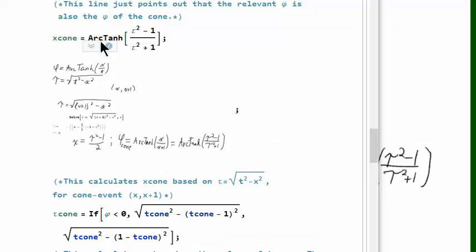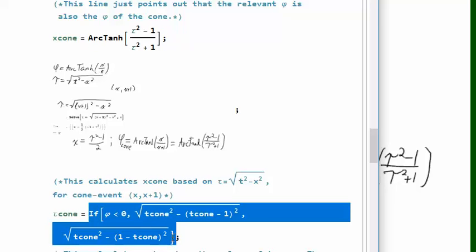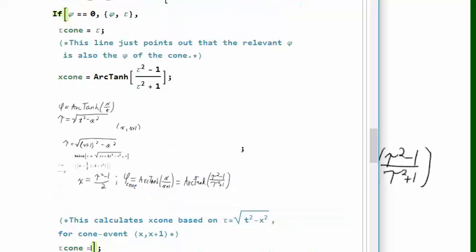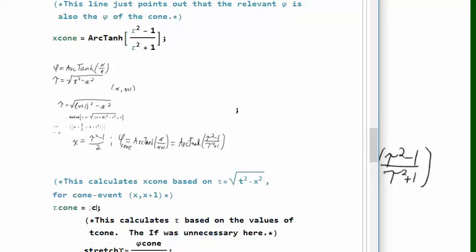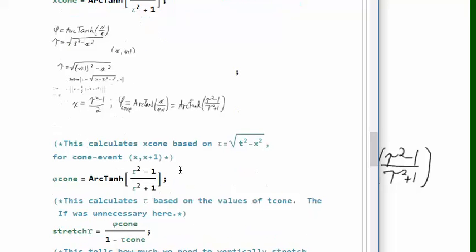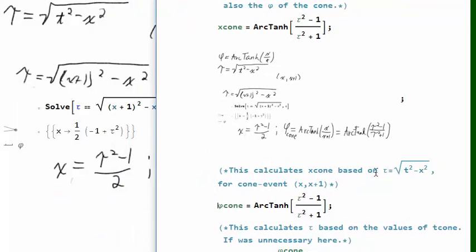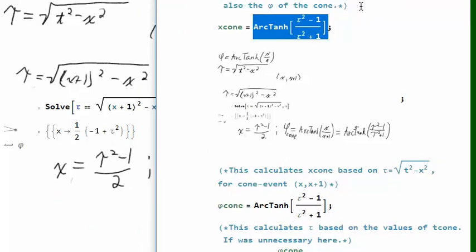Actually, that's not even right. This should have been phi cone right here, because let's put that down here. Phi cone equals that. I didn't delete the right thing. There we go. So phi cone is arctanh of that. This is actually calculated as tau squared minus 1 over 2. It's not necessary to actually put it in here, though.